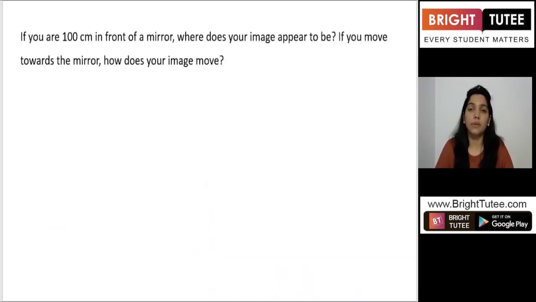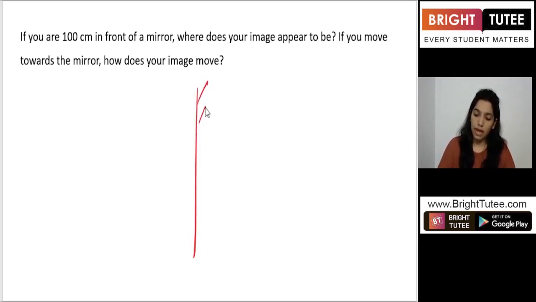Now, look at this question, it's very interesting. It says, if you are 100 centimeters in front of a mirror, where does your image appear to be? If you move towards the mirror, how does your image move? Suppose this is the mirror, and when drawing a mirror, you draw slanted lines to show which side has the reflection.